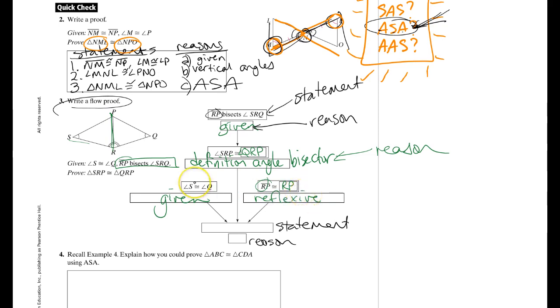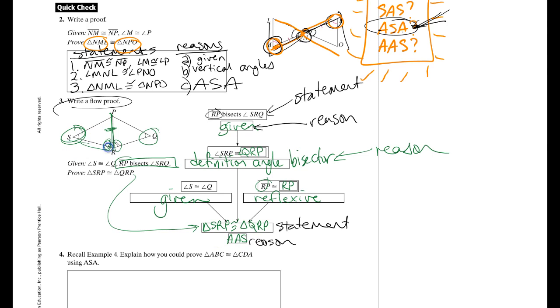So now what do I have? I've got an angle, and a side congruent to an angle, and a side. So now I can write my triangle congruent statement. The two triangles SRP and triangle QRP are congruent because of AAS.